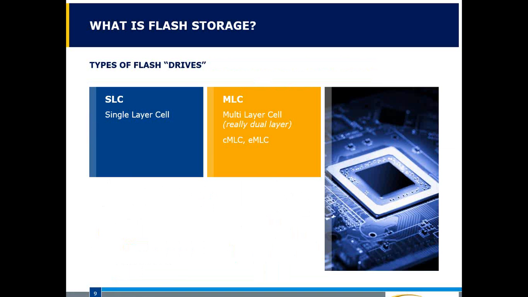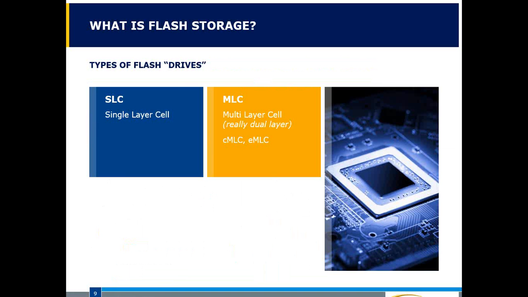A single layer cell is 1 bit per cell, where you have an individual group of flash gates and just 1 layer of those cells, 1 layer of silicon. Multi-layer cells have dual layers.